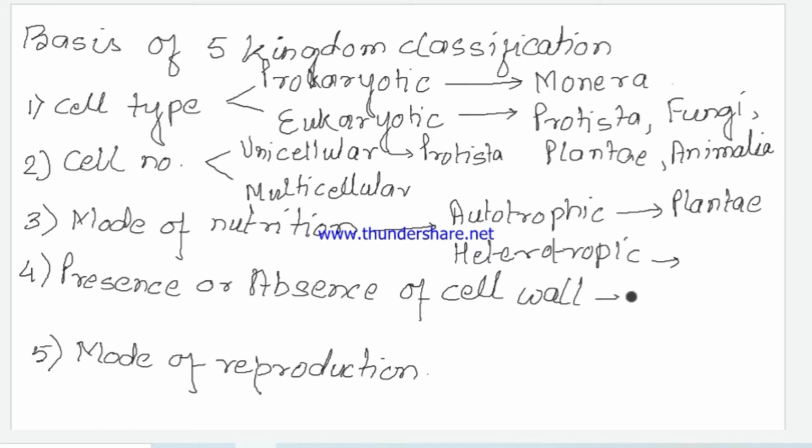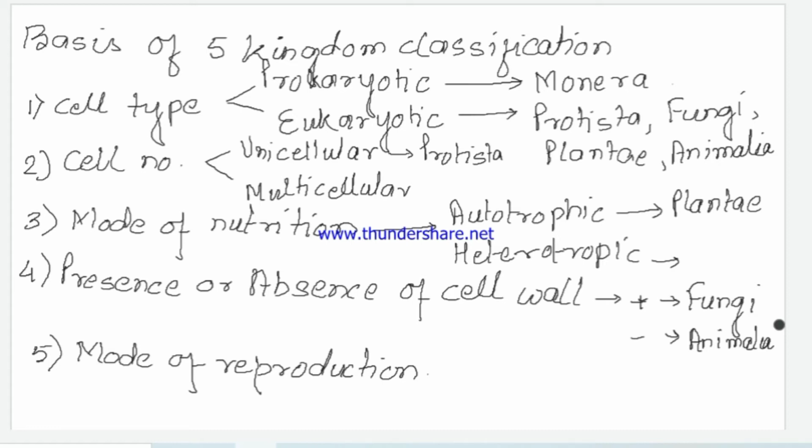Next is the presence and absence of cell wall. Presence of cell wall, it was fungi. So heterotrophic mode of nutrition with cell wall were fungi, and heterotrophic mode of nutrition without cell wall were Animalia. So in this way, he classified organisms into five kingdoms.